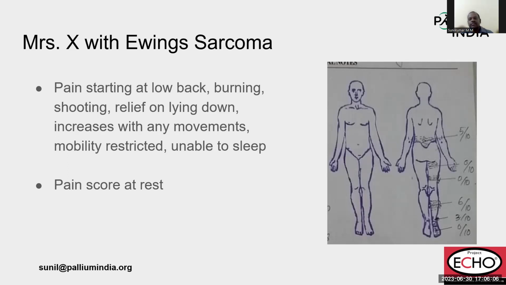You can see the pain score, which is given in the body chart, and that's the pain score at rest. But whenever she has movement, that will increase to 10 by 10. And you know that we cannot be lying down without any movement for a long time. So you can say that she is in severe pain almost all the time.